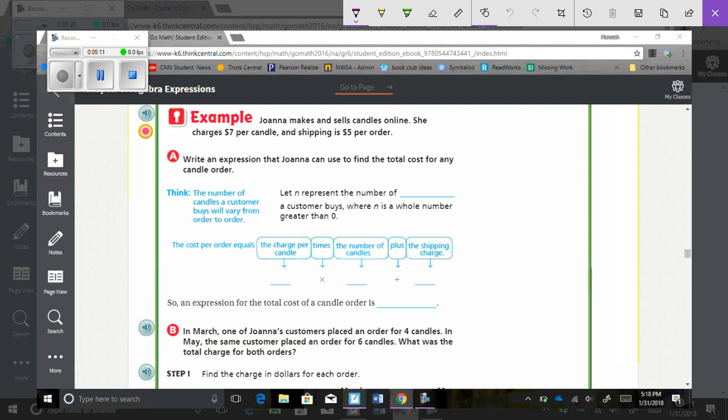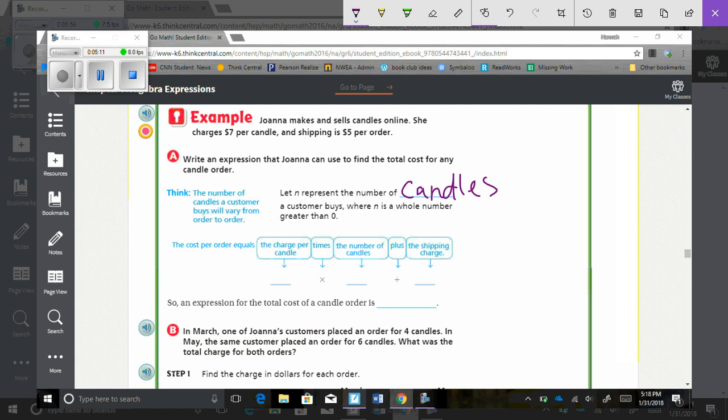So we're going to think. The number of candles a customer buys will vary from order to order because I might buy 2 candles and you might buy 17 because you like candles. Who knows? So let N represent the number of candles a customer buys, where N is a whole number greater than 0. So N for me would be 2, and for you it would be 17.